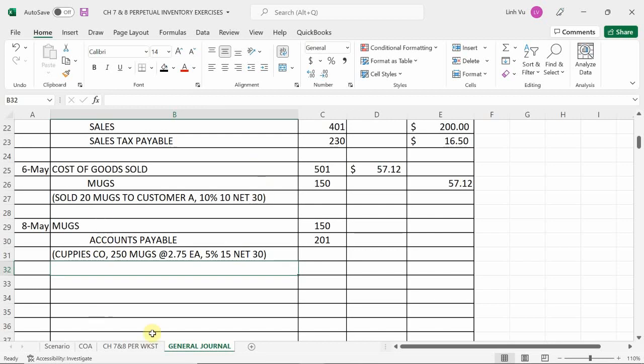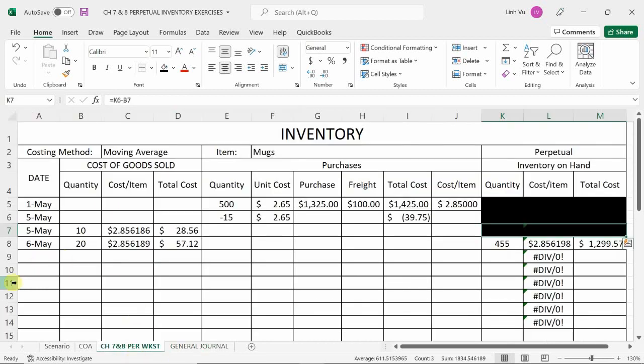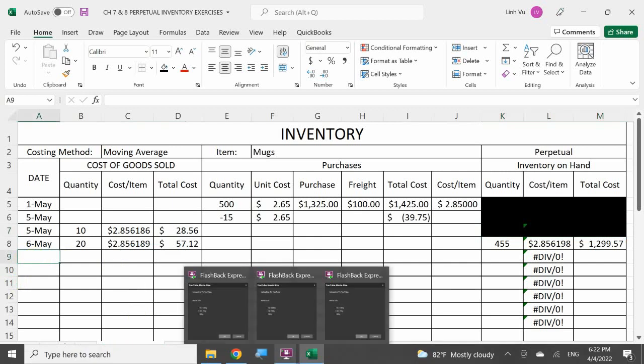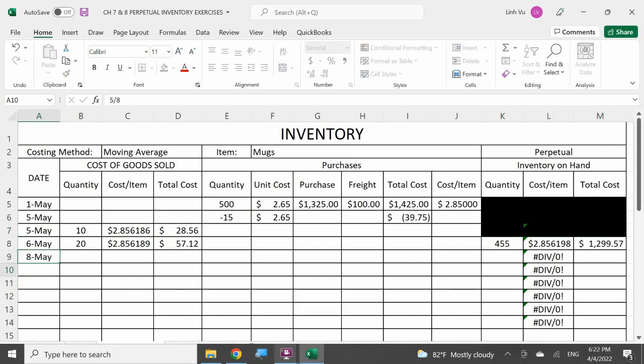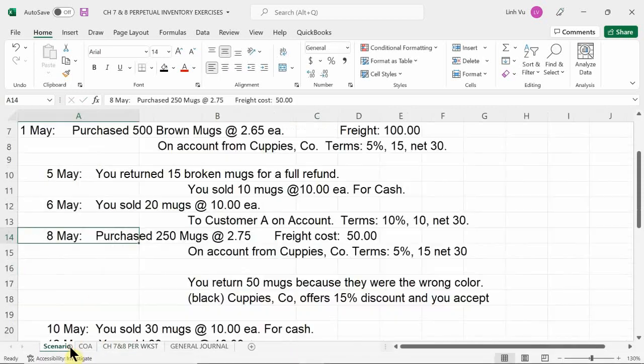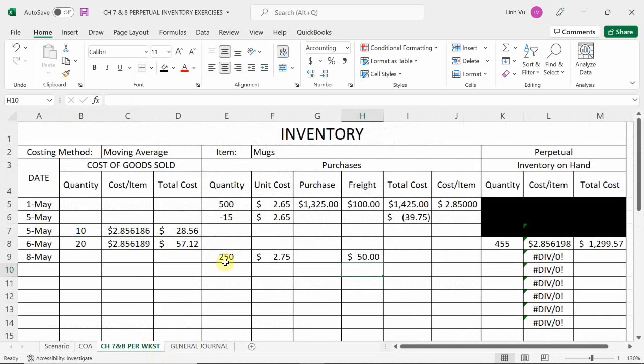Now, this is where I can, once again, not do anything. I could just plug it into my inventory worksheet. So in this case, I didn't have to go to my journal. I could have gone straight to my inventory worksheet. So May 8th, and plug it into my purchases section, which was I bought 250 units at $2.75 with a freight of 50, right? So what's my total purchase price here?